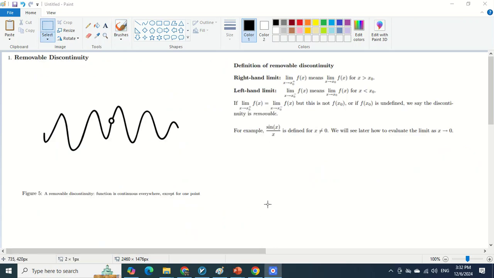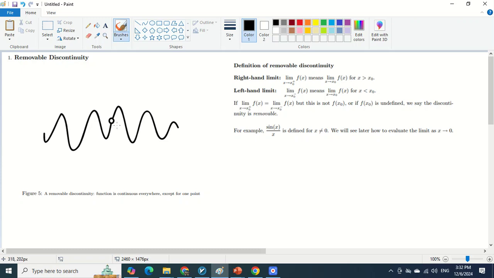After solving that example, it's not a bad idea to take a look at the different types of discontinuity. The first type of discontinuity is as follows. When at one point the function is discontinuous and there is a gap in the graph, we call that kind of discontinuity a removable discontinuity. In this case, the limit does exist.